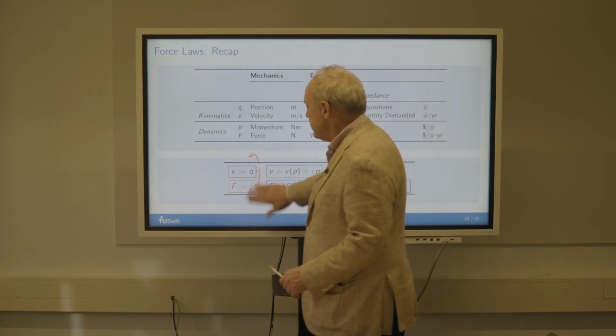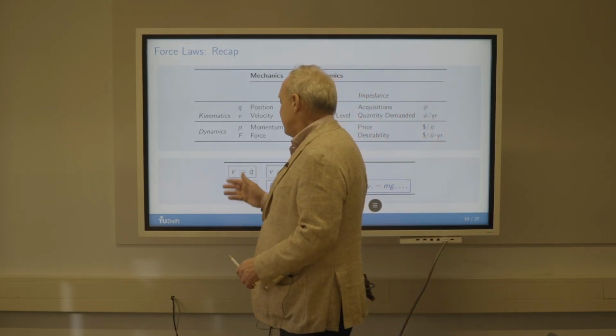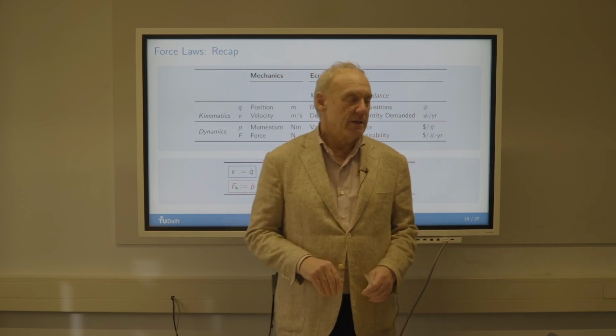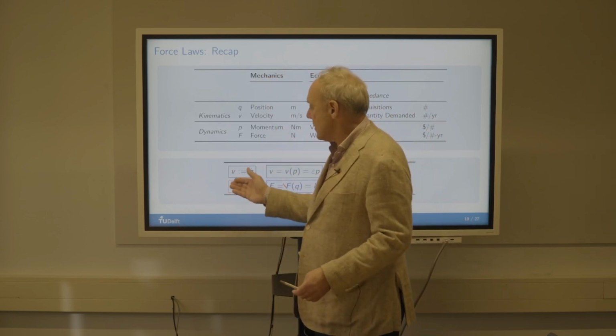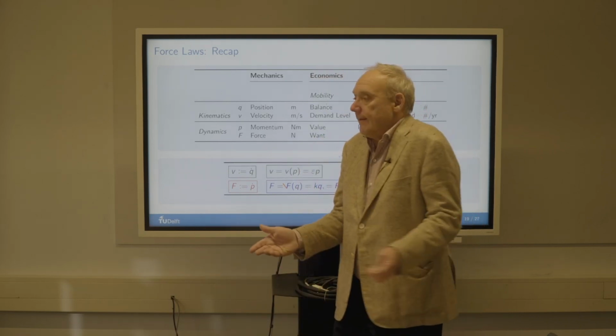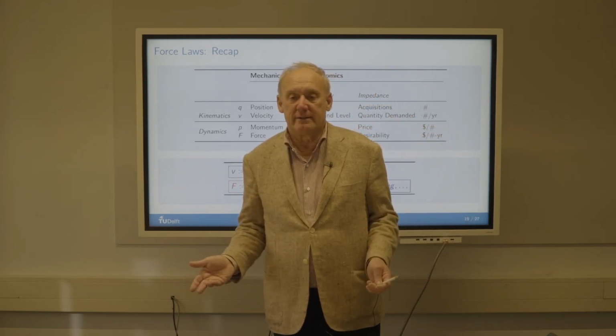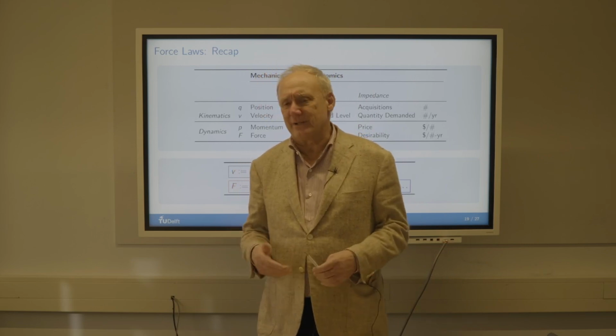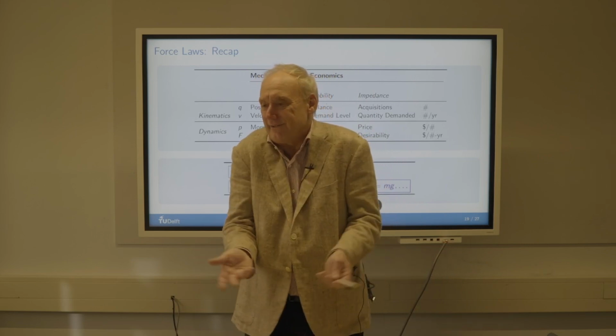And here is the idea. Let me first say it mechanically, and then I'll say it economically. So suppose you have some kind of force or voltage, that's the parallel, but no current is flowing. What's going on? See, the thing is, there's not much going on. There's just a voltage.